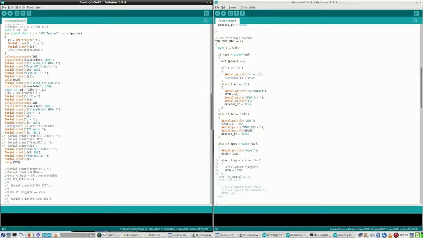Actually it is not just this that I have to comment out, it is this. It starts with low and then a high and then printing out, so I have to start here and end here. So this will be all commented.